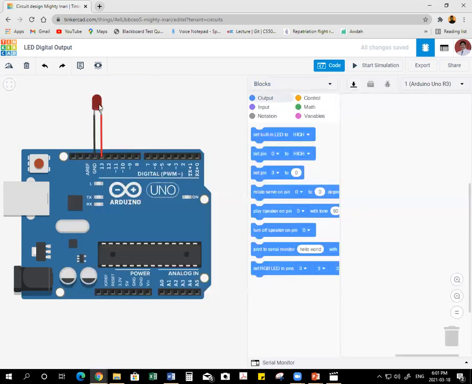Now I connected this LED with the ground and pin number 13. So already I told you in the video that we have 0 to 13 digital output pins, right?